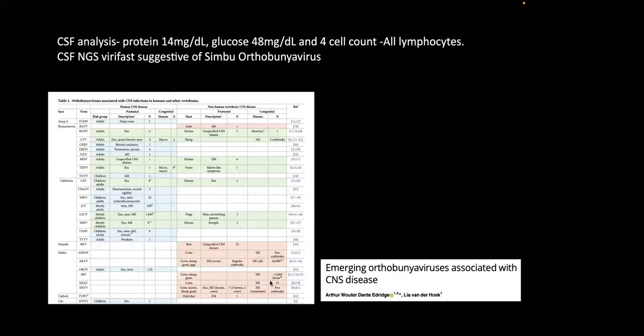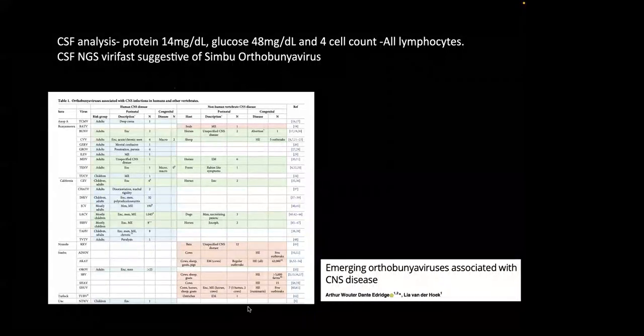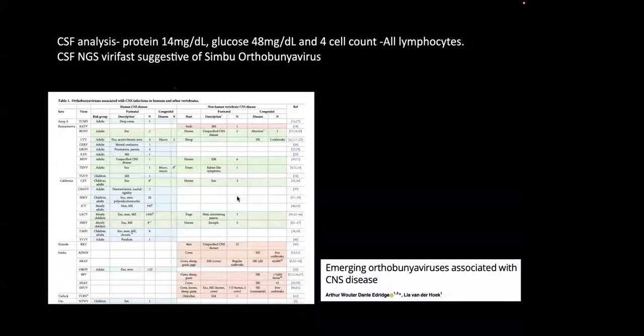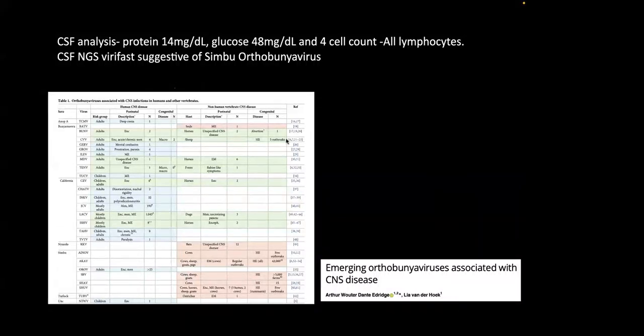We will wait for those results also to confirm, because in the last almost 6 weeks, this is the third case in our institute, and Apollo as well has had similar incidents with CNS and other systemic manifestations, with only this virus being flagged up in the metagenomic studies. Similar experience probably in Chennai, Apollo as well, but it is only personal communication, not published.